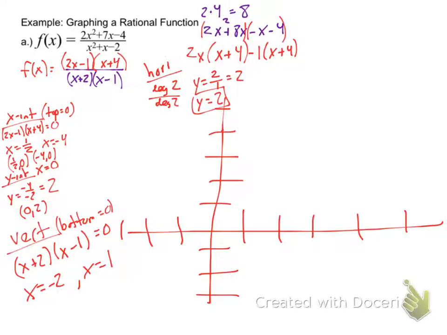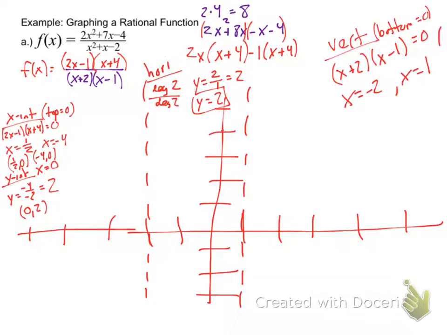We have a vertical asymptote at negative 2 and at 1. Just knowing this information, how many t-charts should I make? Yes, I should make 3 of them. I'm going to see if I can move the vertical asymptotes over. We also have a horizontal asymptote at y equals 2. Oops, that should be dotted.